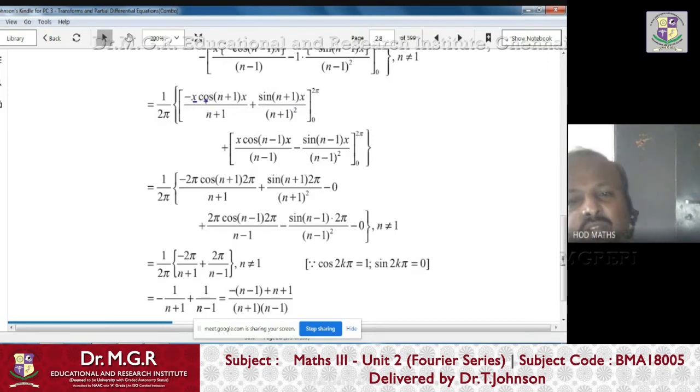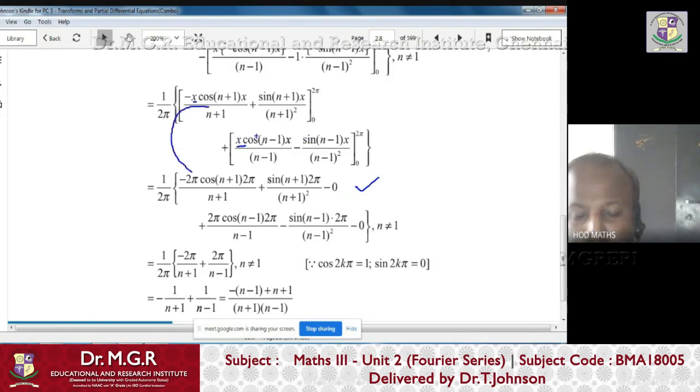Even though cos 0 is 1, this term will be gone and this term also will be gone. So now you have a nice representation for this, with n plus 1 the whole square.